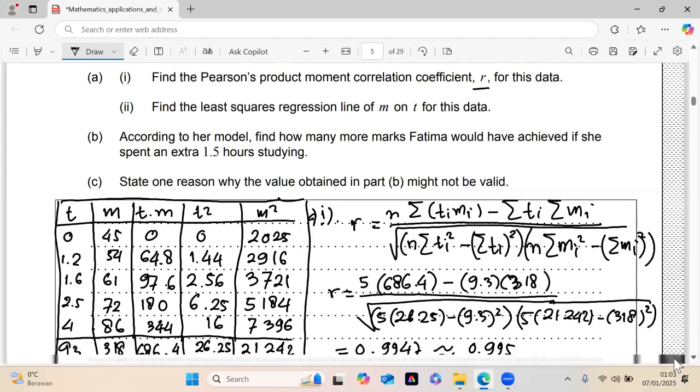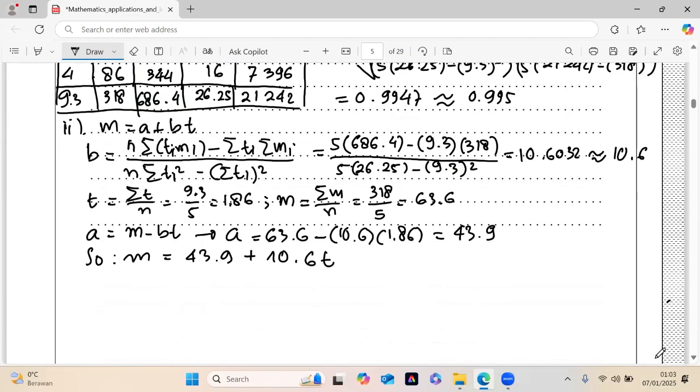Okay, it means we are going to use delta M, not P. So delta M equals 10.6T, time is 1.5, so 10.6 times 1.5, and it is 15.9. That one, 15.9.